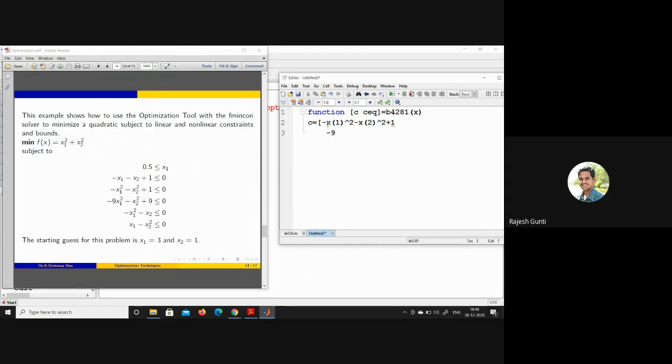Minus 9 x1 square minus x2 square plus 9.